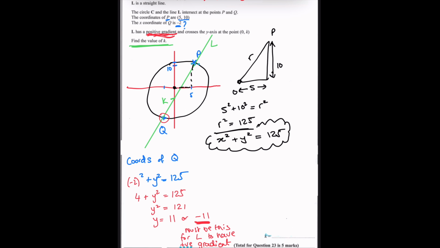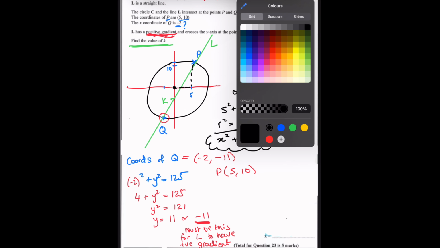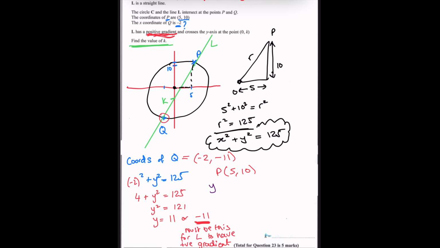Okay, so we've got now the coordinates of Q as -2, -11. And we have the coordinates of P. P is at 5, 10. Now we need to find the value of k. k is the y-intercept of that line. Okay? So, to start with, the straight line always follows the equation y equals mx plus c.